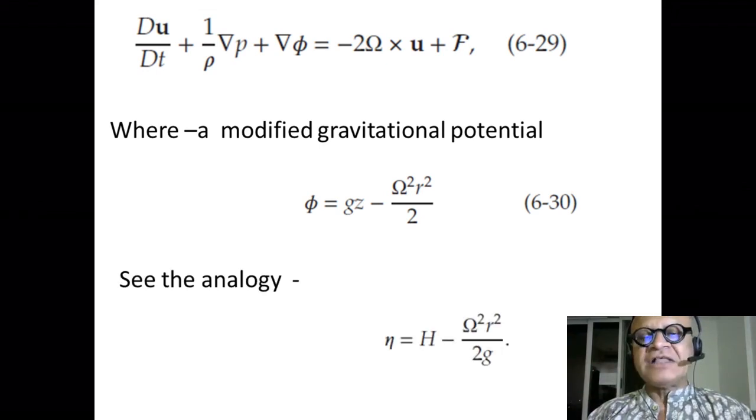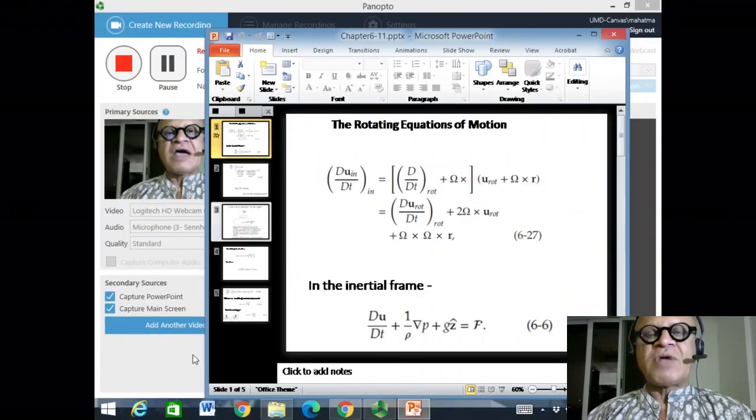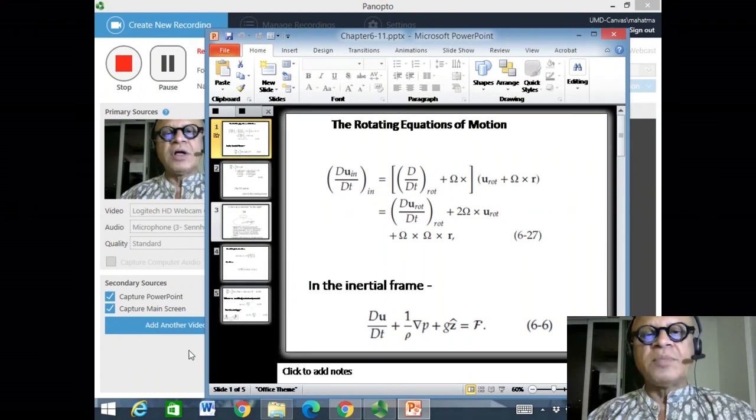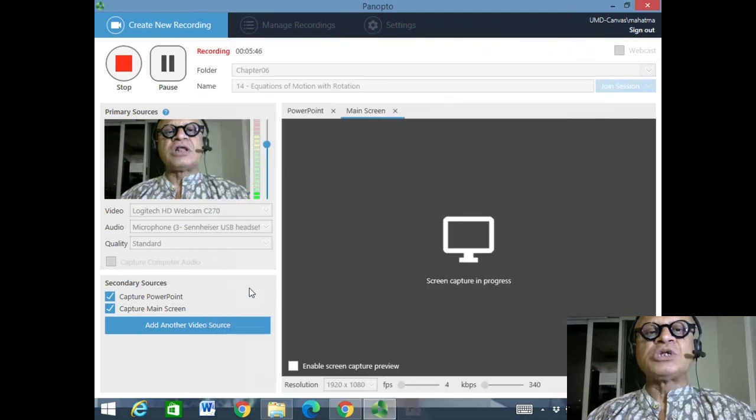So to see the analogy, we defined the relative height of the water column in the rotating tank using that reference parabolic surface, which we will come back to. And the expression we derived will look exactly like this equation with the full rotational effect. So we'll look at that in the next podcast.